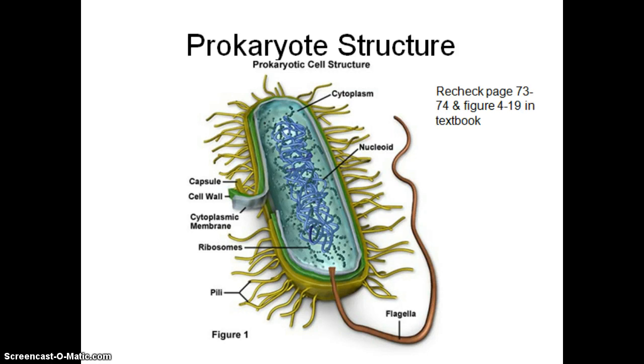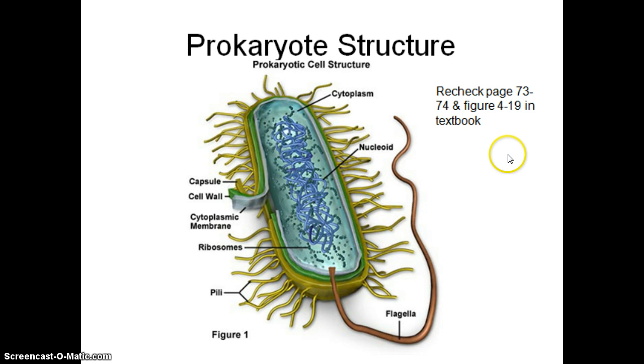The only thing that this particular picture doesn't have that page 73 does is a plasmid. A plasmid is a circular extra piece of DNA that some bacteria have.